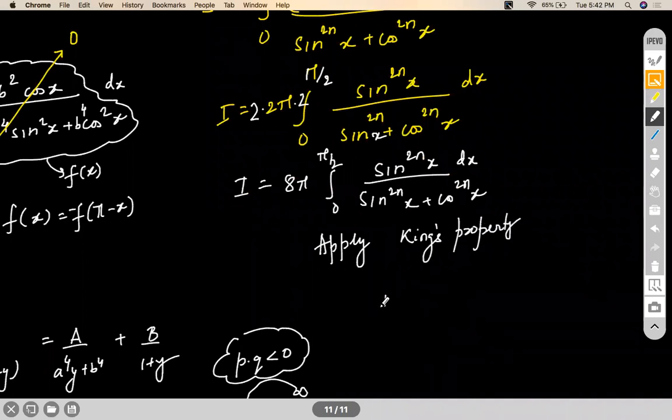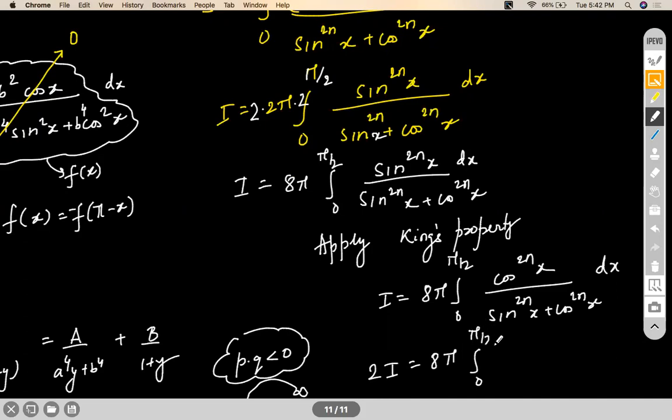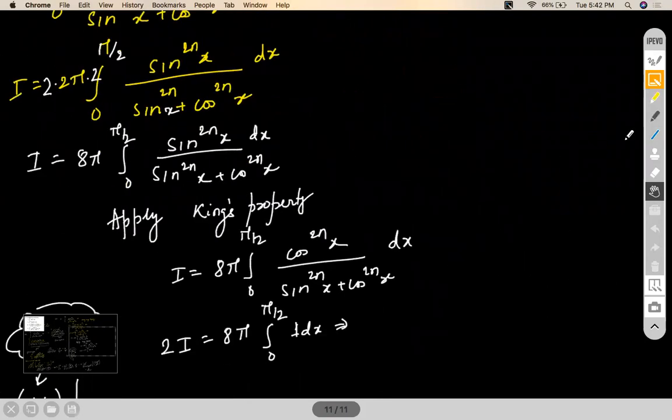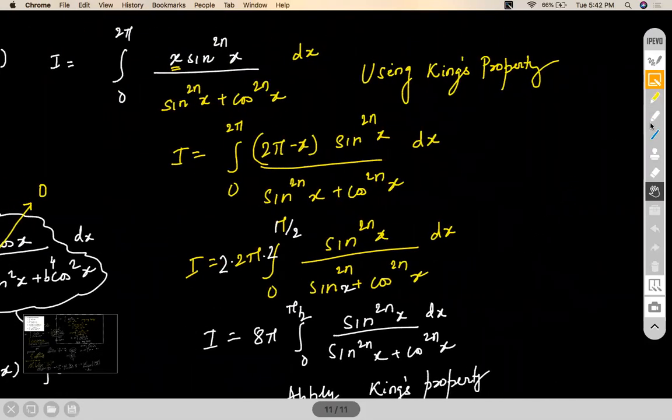If you apply King's property, it becomes 8 pi, 0 to pi by 2, cos will come up and the denominator would be unchanged. Now, when you add them, you know it's going to give you a 1. So your answer would be 2I is equal to... by the way, there was a 2I here itself.